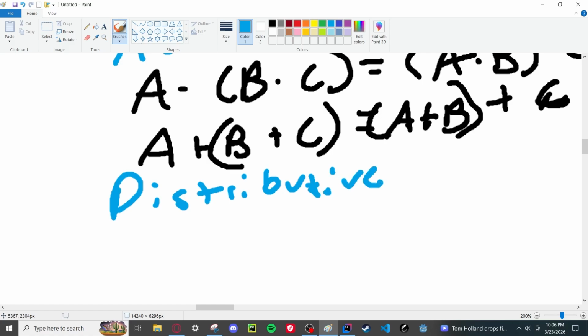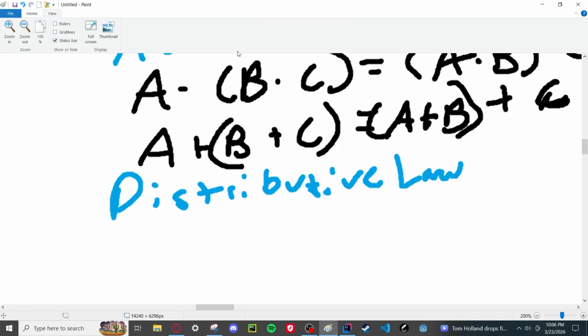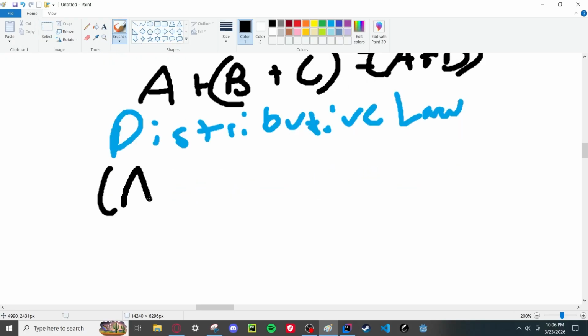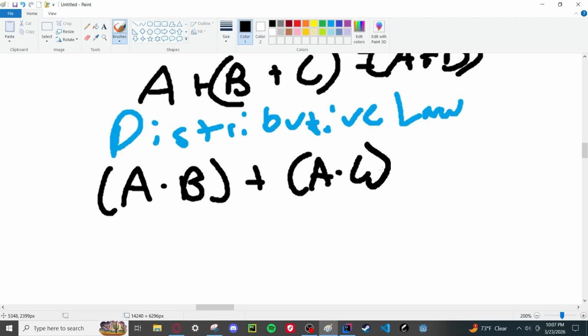Distributive law. So if we have an expression like this, A times B plus A times C, well, it's the same thing as A times (B plus C), right? Like math. And yeah, that's just distributing it out.